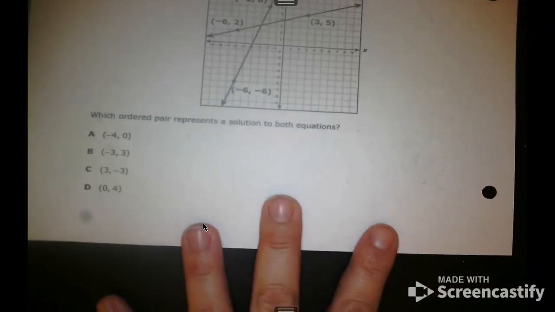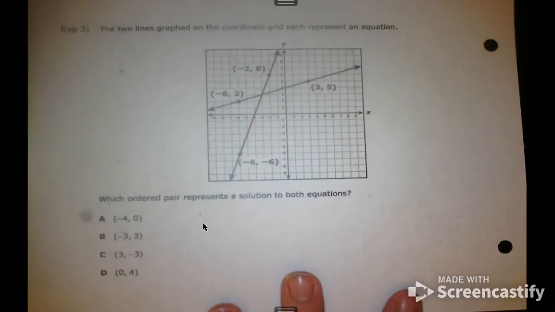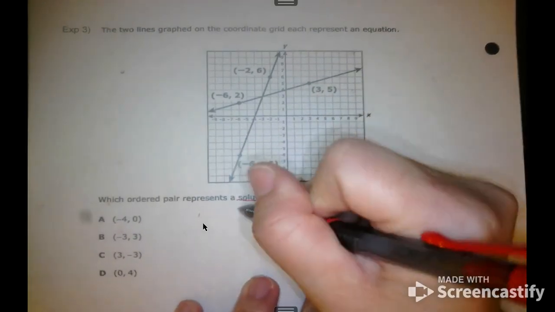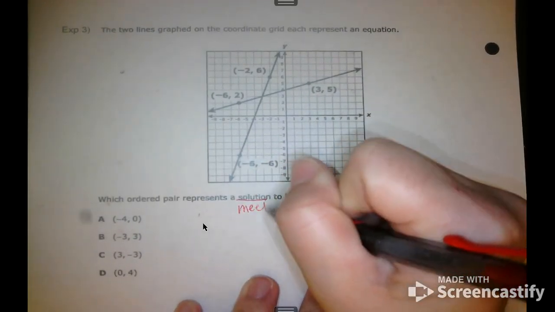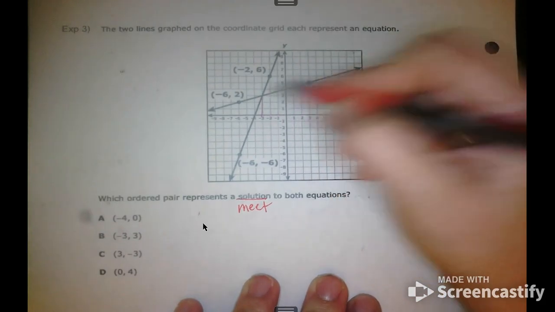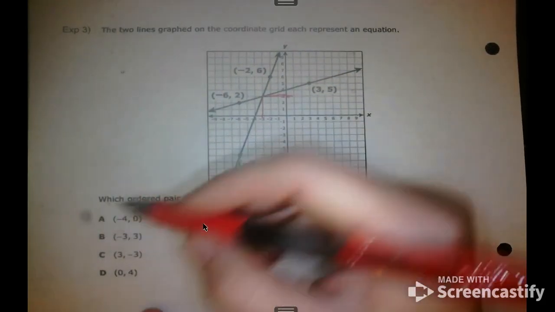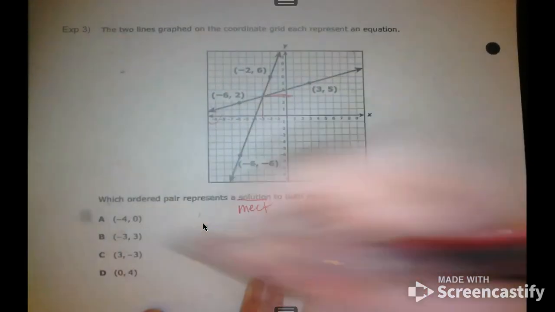Okay. Look at example 3. We are going to do that last. Okay, why do you think it's C? It says which ordered pair represents a solution. That means where do the lines meet? Well, here's a -3 and here's a +3. -3 is my x, so that has to come first.